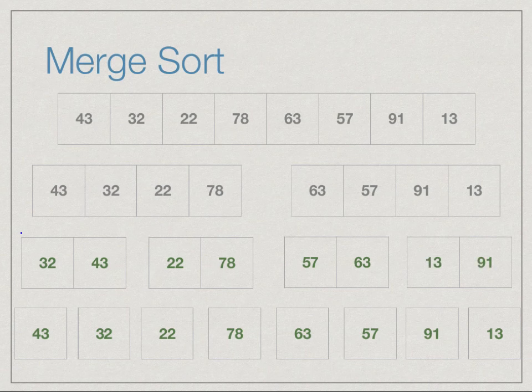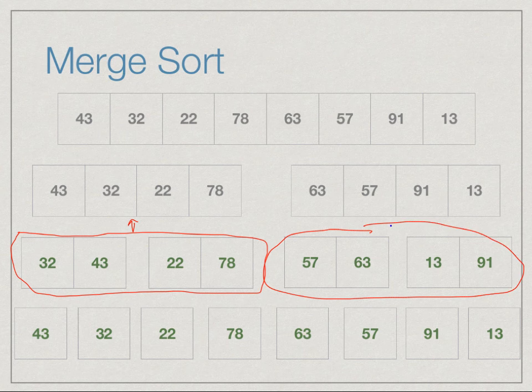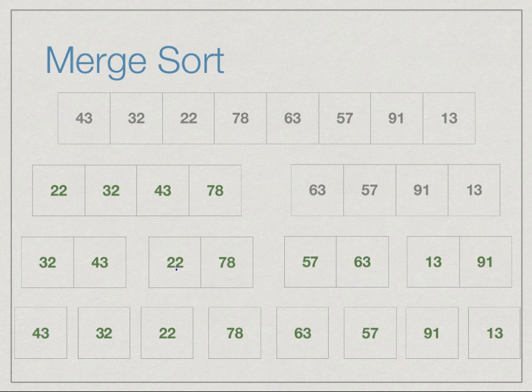So now at this level, we have 2 lists of length 2 which are sorted, and so they must be merged. And similarly here we have 2 lists of length 2 which are sorted, and they must be merged. So when we merge the first pair, we get 22 followed by 32 followed by 43 followed by 78. And similarly here we get 13 followed by 57 followed by 63 followed by 91.